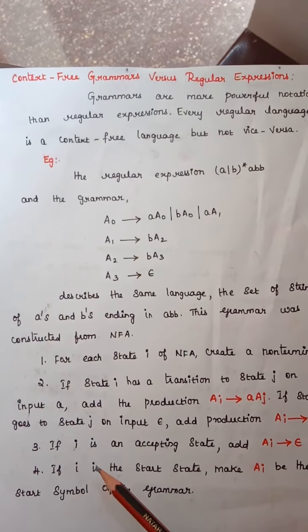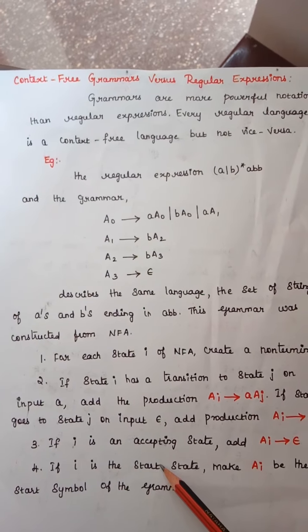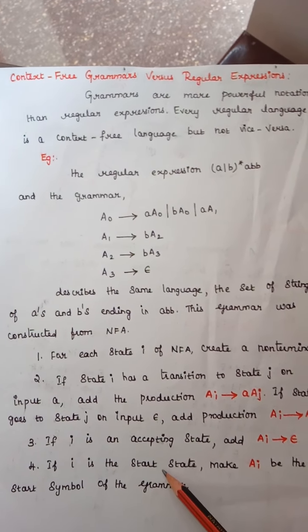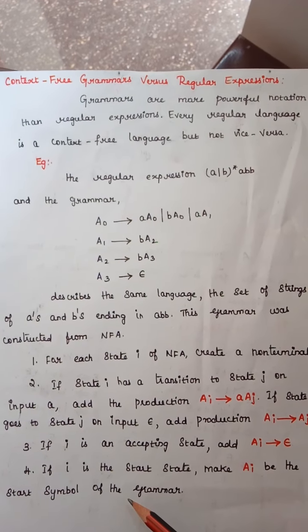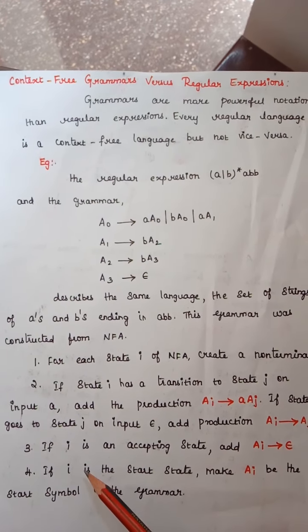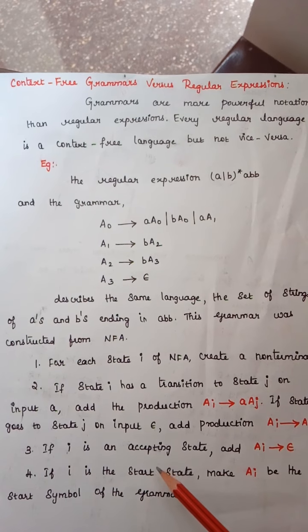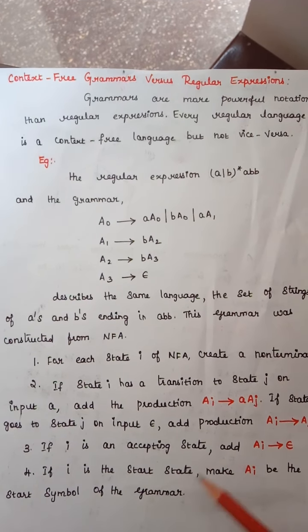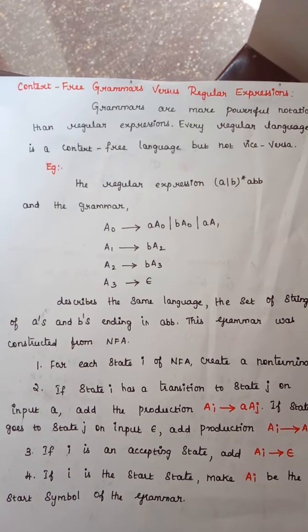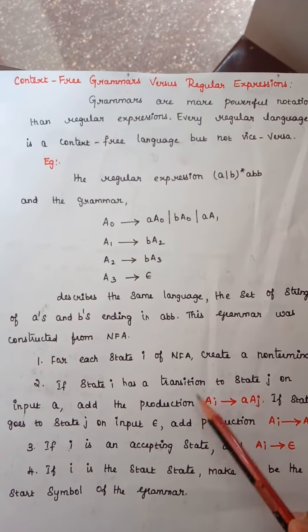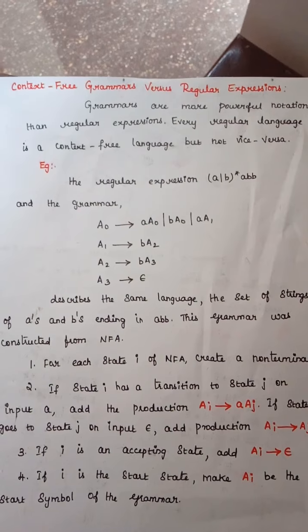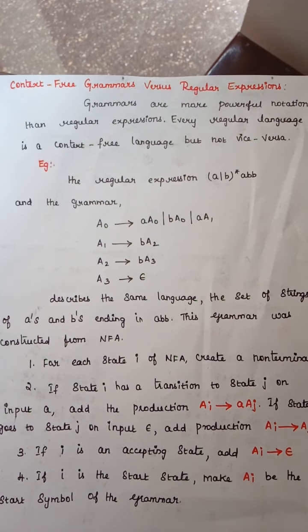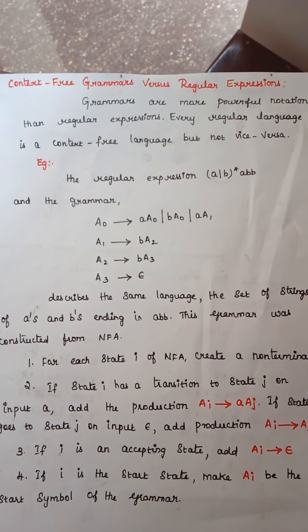The last rule is, if I is the start state, then make AI the starting symbol. For example, if 0 is the starting state, then we make A0 the starting symbol of the grammar. So these are the four basic rules that we need to follow when we are constructing a grammar from the given NFA.